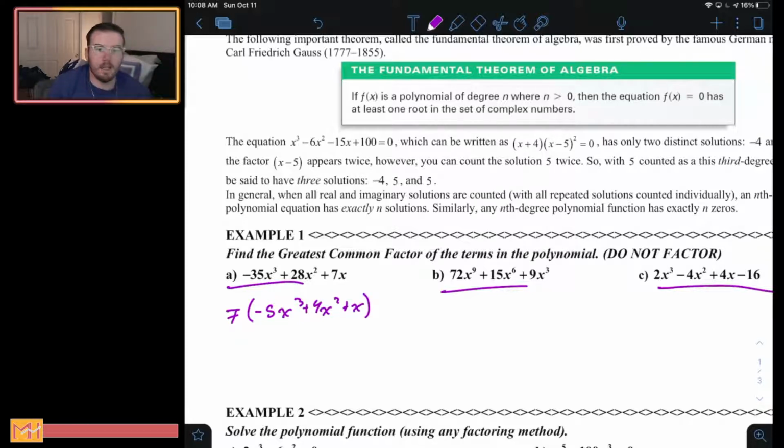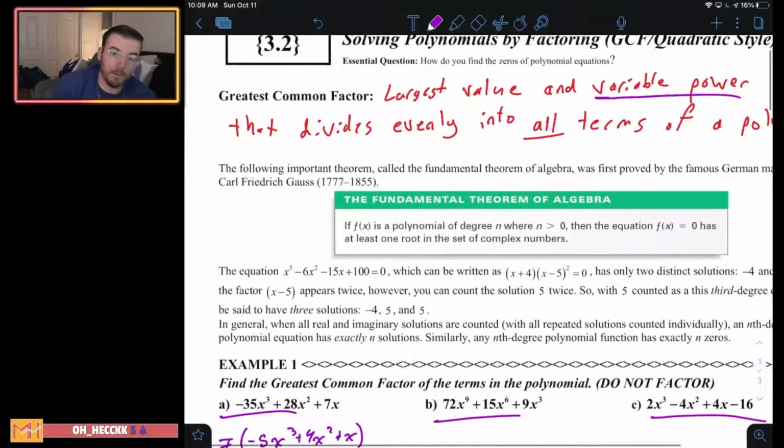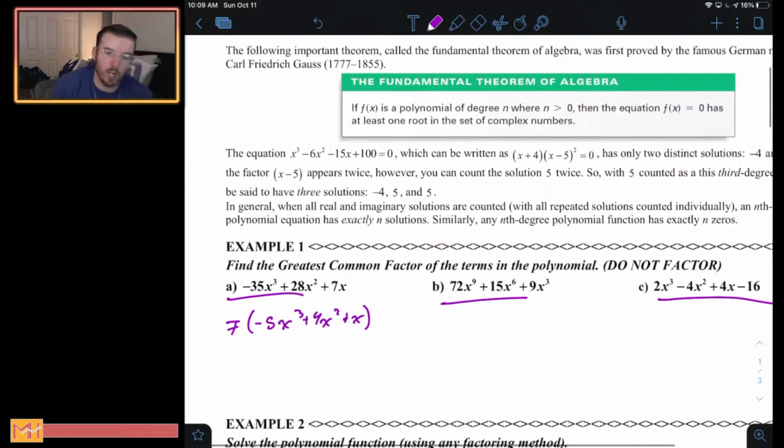All right. However, what else do all of these terms share? They share an x. So that's what we're getting at when it says variable power, variable referring to the x. What's the largest amount of x's that they share? We can pull an x out of each one.